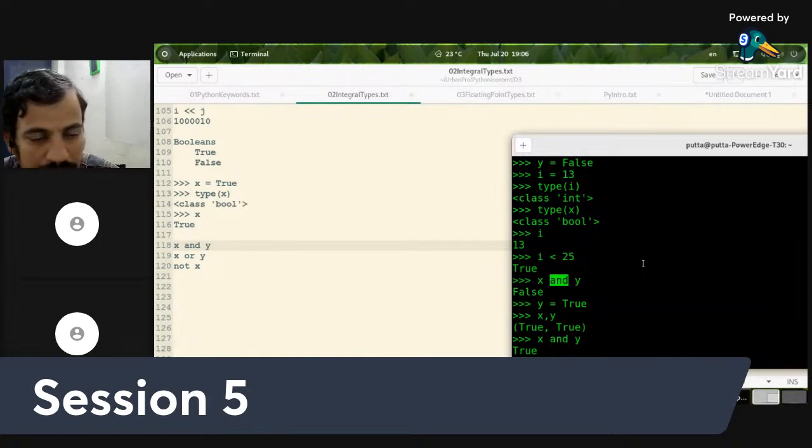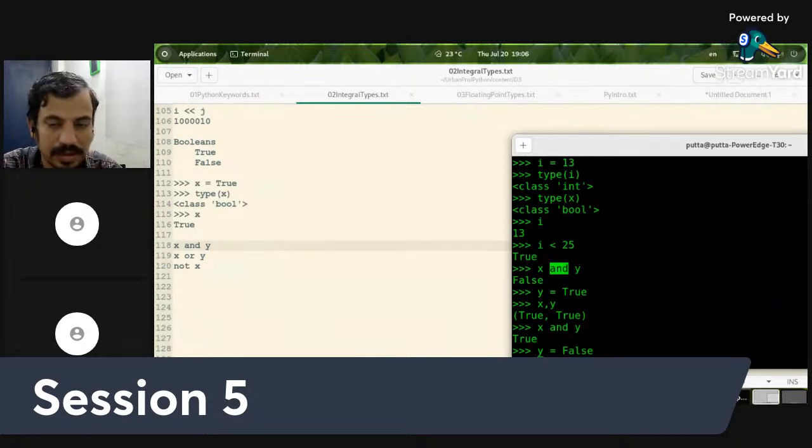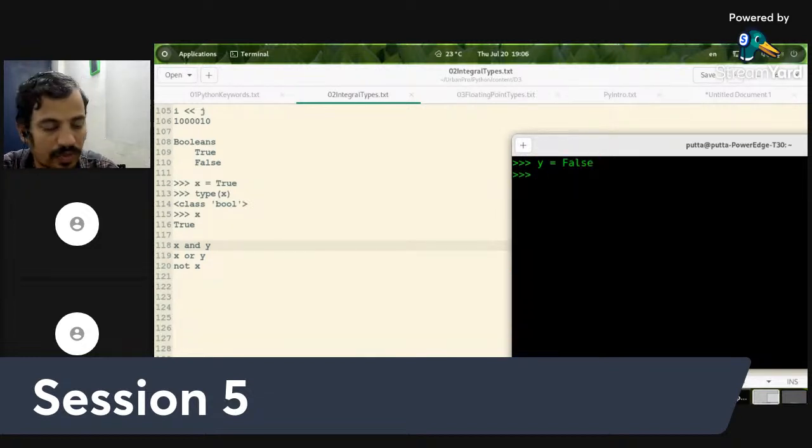Likewise, we have or and not. If I set y is equal to false, we know that x is true, y is false, so x or y is true.